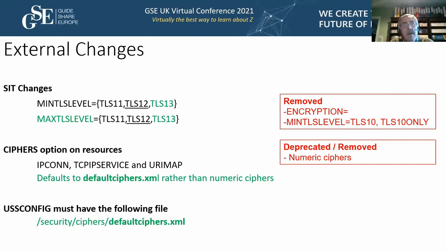That has meant that we've had to introduce a new cipher set called default ciphers, and this replaces the default numeric ciphers you get when you do an RDO definition at the moment. So as long as you put a default ciphers file in with the ciphers that you want, when you create an RDO definition, it will by default use that set of ciphers.